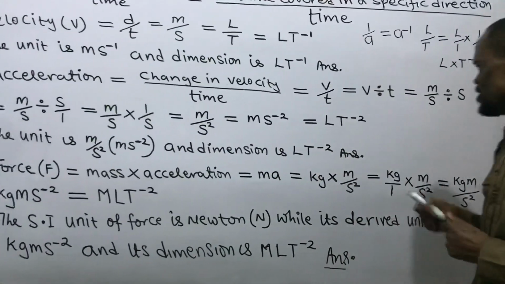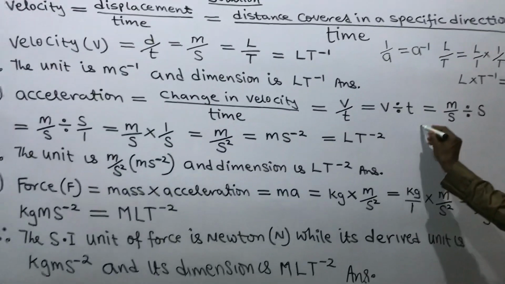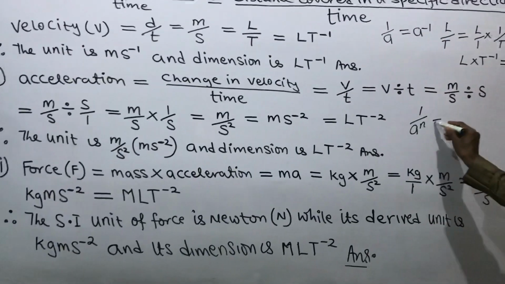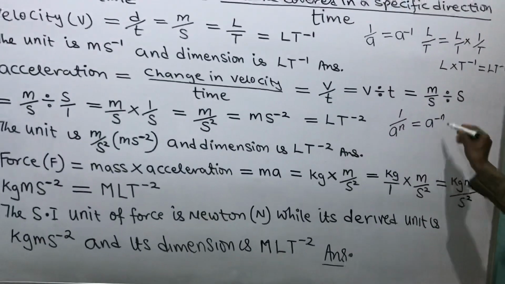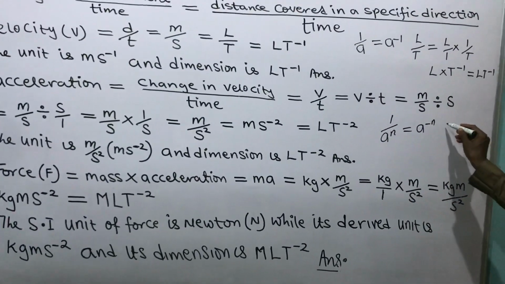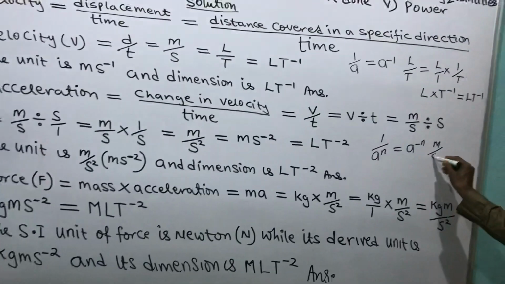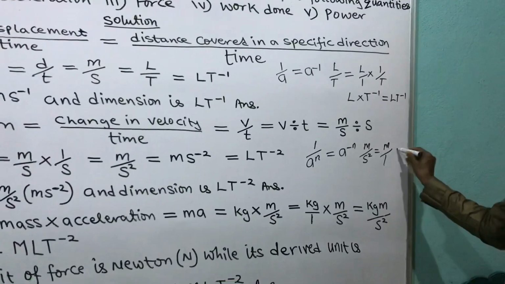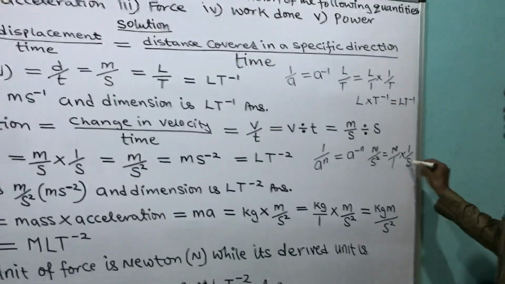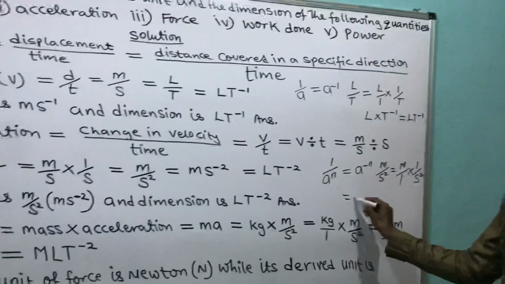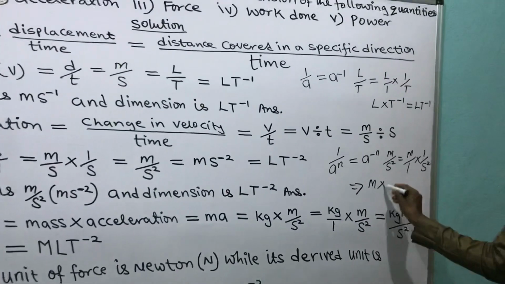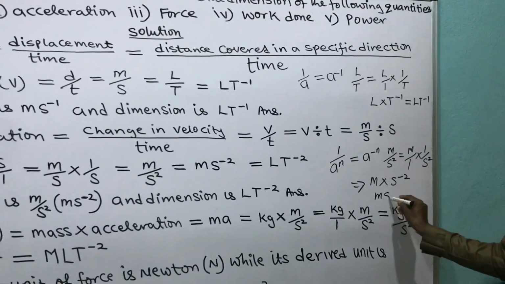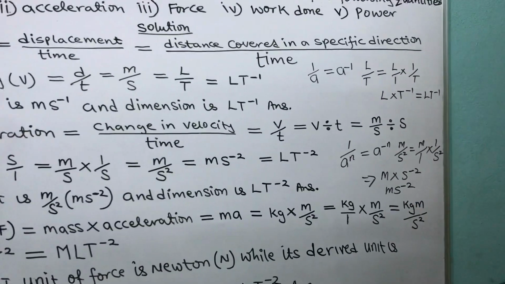The same thing we did here: 1 over A raised to power N is the same thing as A raised to power minus N. Therefore, M over X squared can be written as M over 1 times 1 over X raised to power 2, which gives M times X raised to power minus 2, that is MX minus 2.